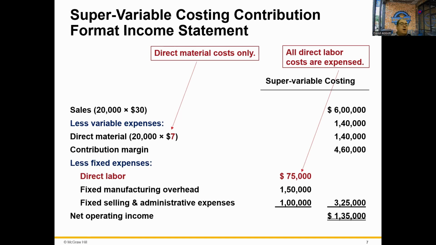It should say 135,000 because you have 600,000 of sales less your variable expenses of 140,000, which is $7 times the number of units, the same as the direct materials. So the contribution margin was 460,000. Then less all of the fixed expenses, the direct labor, fixed manufacturing overhead, and fixed selling and administrative expenses. So our net operating income should have been 135,000.